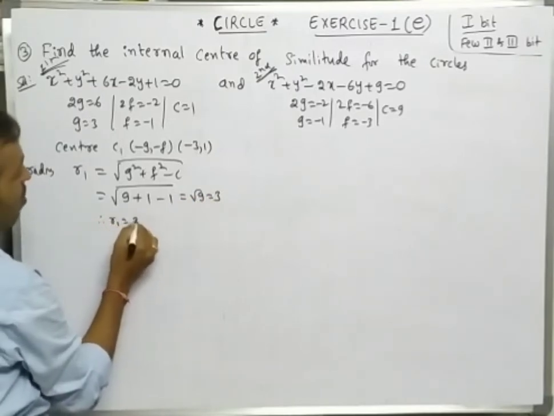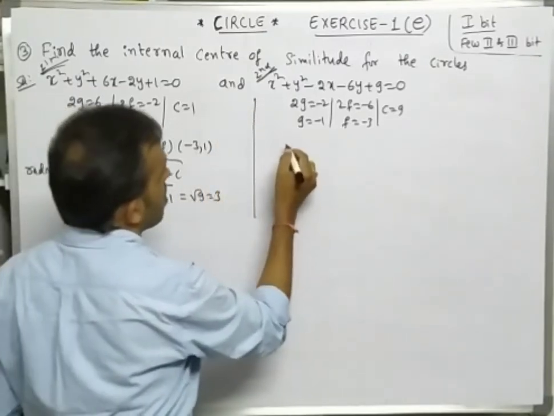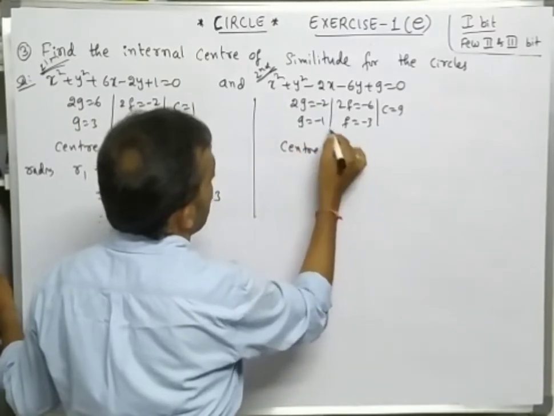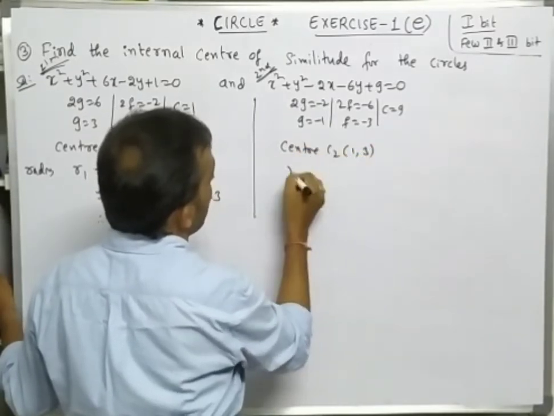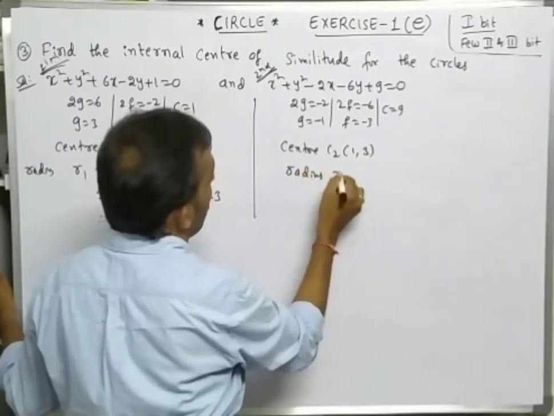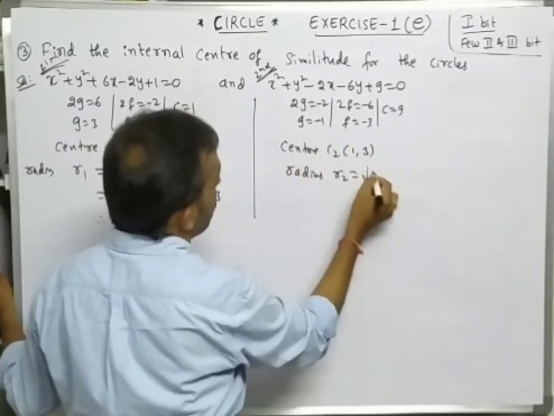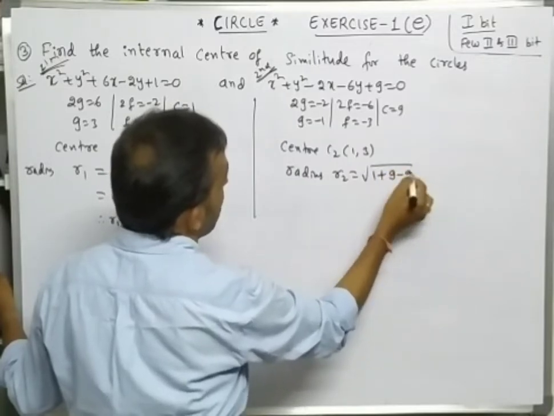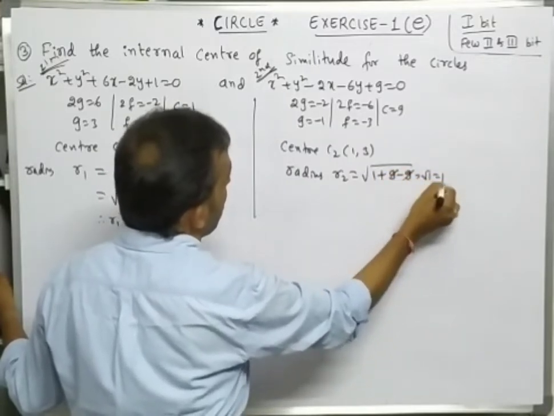So R1 is equal to 3. Next, for the second circle, the center is minus G comma minus F, that is 1 comma 3, and radius R2 is equal to under root of minus 1 whole square 1, minus 3 whole square 9, minus 9. So root 1, that is 1.